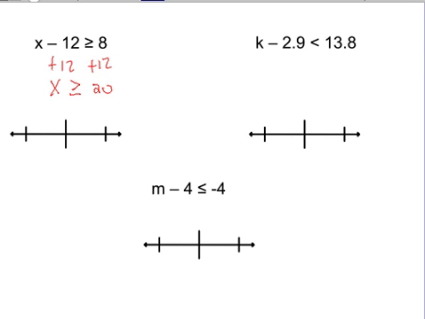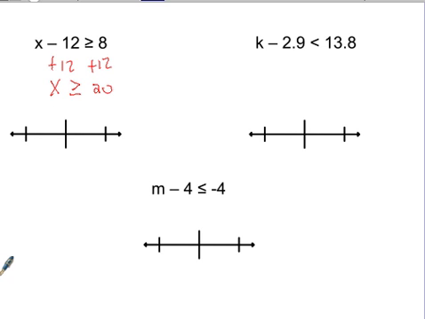All right. Now, one thing you're going to need to do on your assignment today is graph your solution on a number line. I know you guys have done this before in the past, but we need to go over it to refresh your memory. When you graph an inequality on a number line, there are two different symbols that you might put on the number line. You might put a circle or you might put an enclosed dot. And it has to do with whether this equal sign is here with it or not.